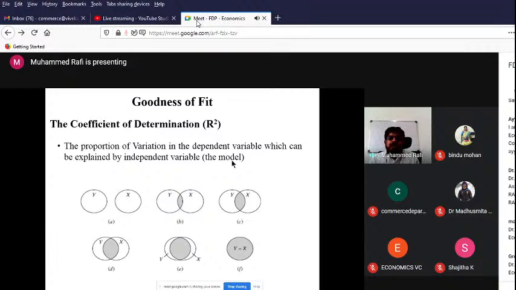You are trying to find the R square, which tells about this gray area. So the range of the R square will be between 0 and 1. Either it explains the complete variation in the dependent variable, or it doesn't explain the variation, or you get something in between 0 and 1.